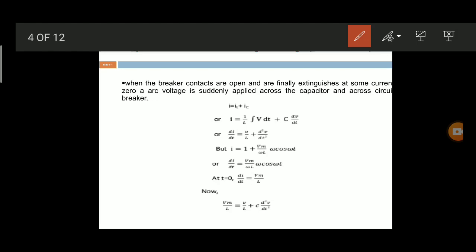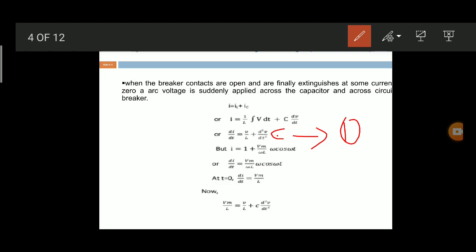Sorry, we missed the C term. Therefore, it is C d square V by dt square. This is equation number 1.